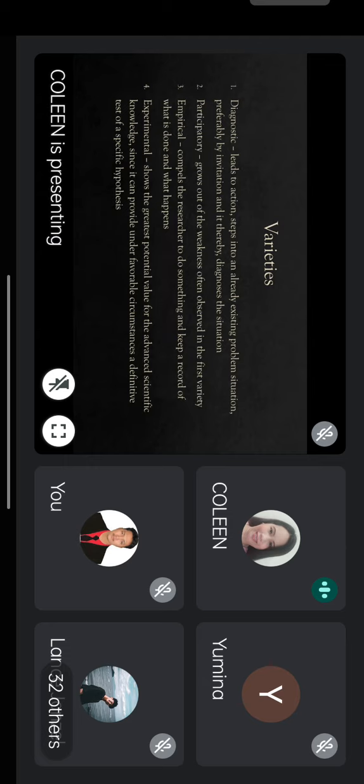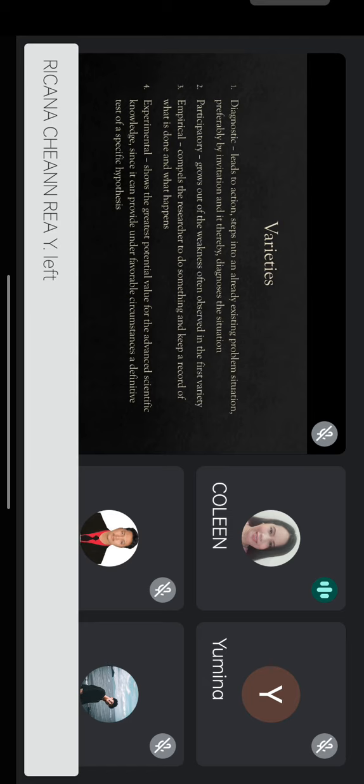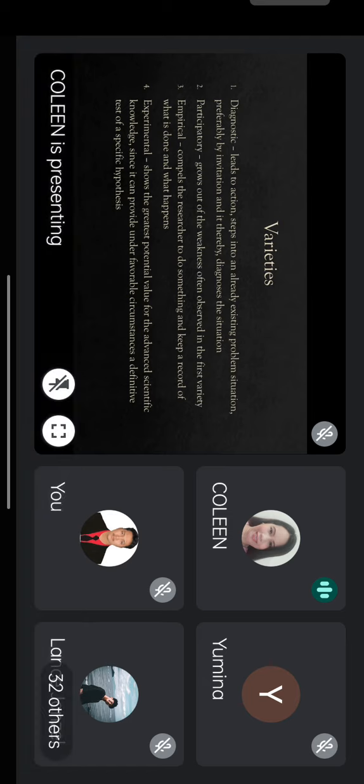It's experimental. We try new knowledge. It shows the greatest potential for the advanced scientific knowledge since it can provide, under favorable circumstances, a definitive test of specific hypotheses. How do we state our hypothesis?